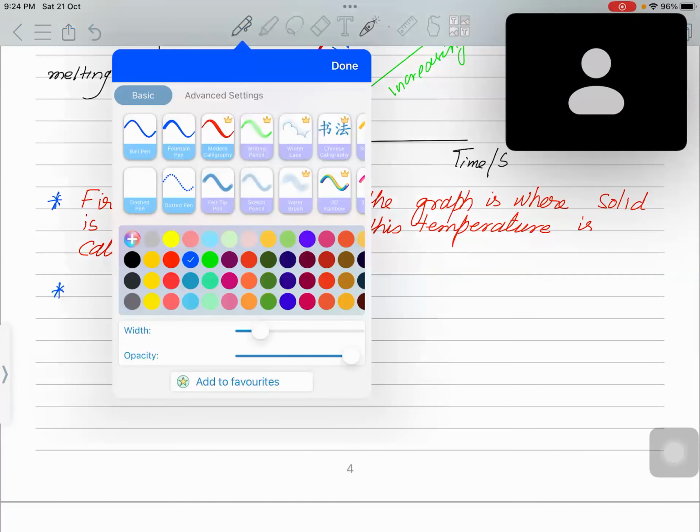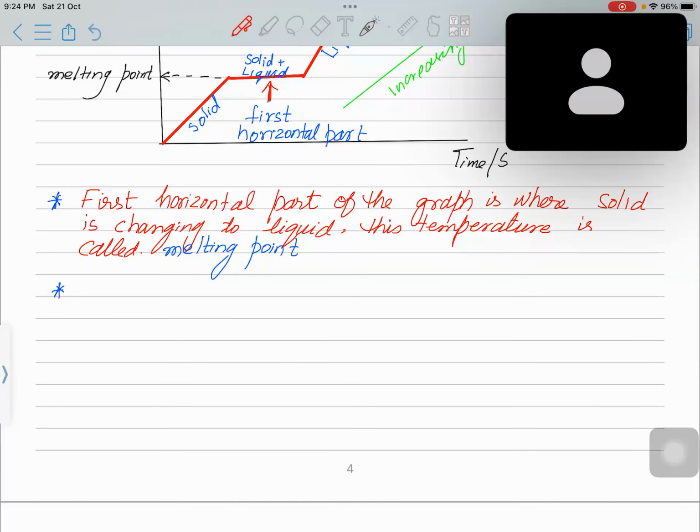Now the next part. No temperature change during melting.